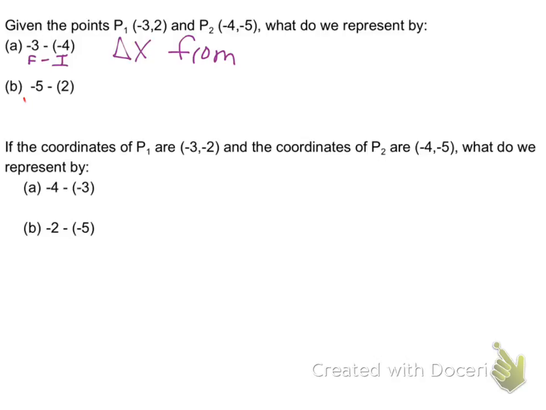The negative 4 is in which point? That negative 4 is in point 2. So I'm going from point 2 on my way to point 1. So point 2, arrow to point 1.